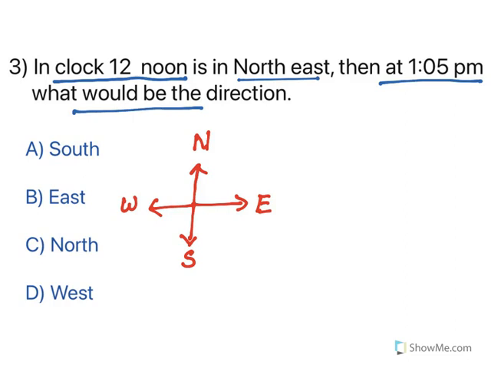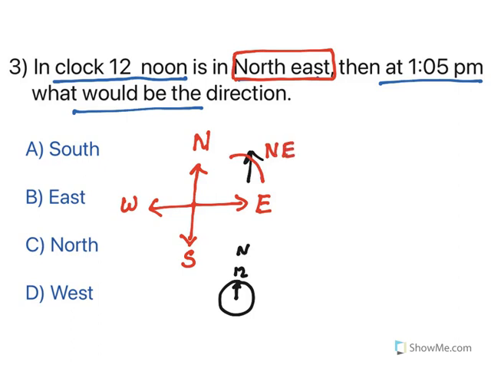Now usually what does our clock show? When you look at the clock, the 12 is exactly directing towards north. Look at this. This direction is north. But in the question, in order to twist that, it says it is directing to the northeast. What is northeast? Anything between north and east is northeast.